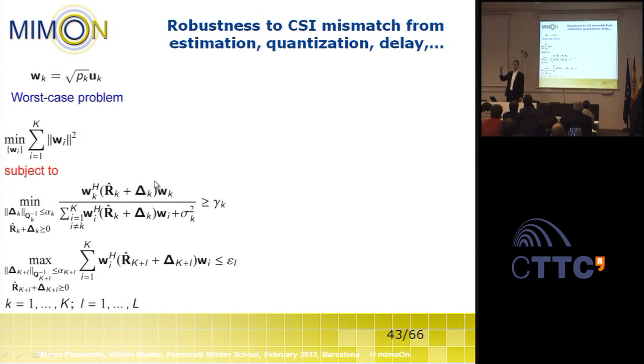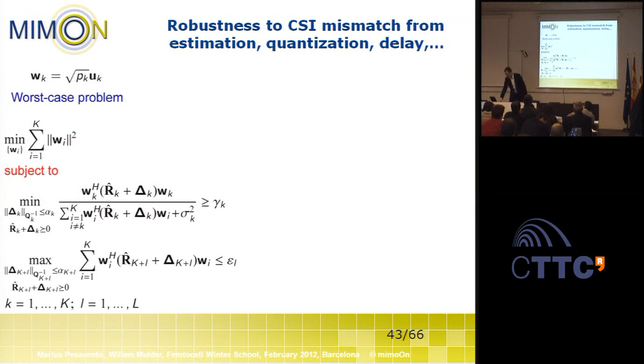And now we want to design the beamformers which solve the optimization problem not only for the estimated covariance matrices, but for all possible error matrices that can occur.